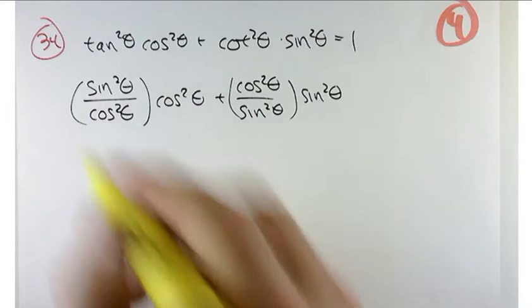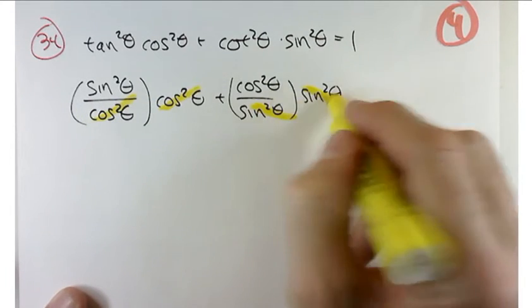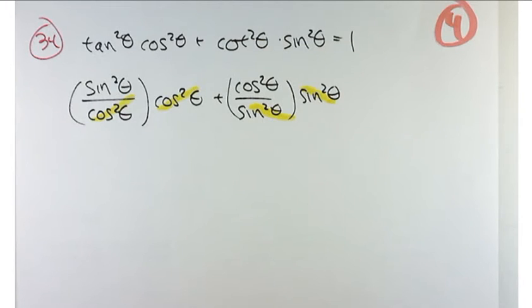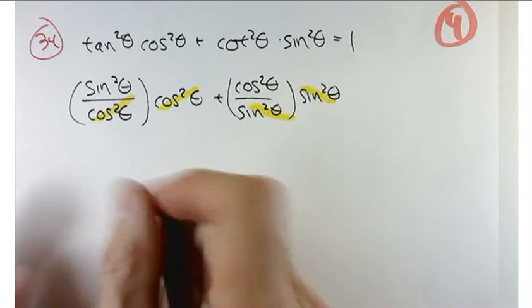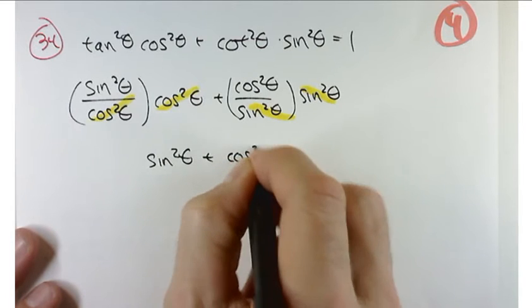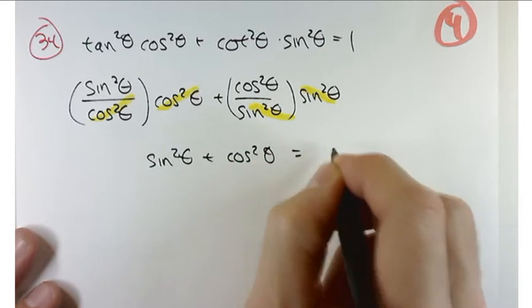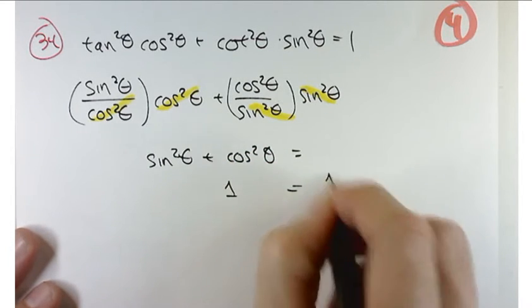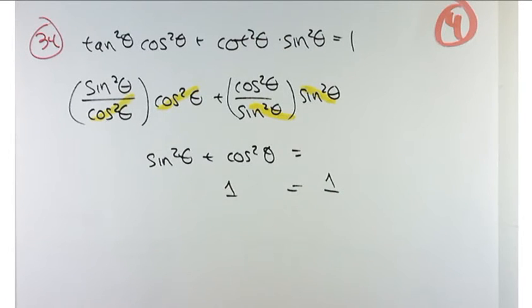These terms disappear pretty quickly. So what are we left with on the left-hand side? Yeah. Sine squared of theta plus cosine squared of theta. And that's 1. So there you go. 1 equals 1. Nice.